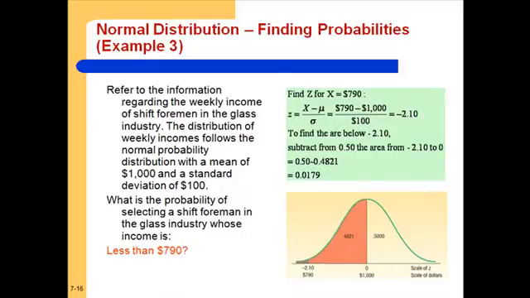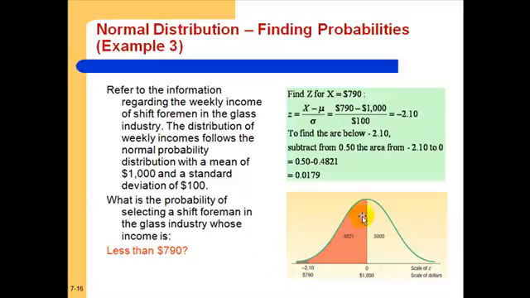How about less than 790? If we already know this red area is 0.4821, how do we find the area less than 790? That means we need to find this purple area.